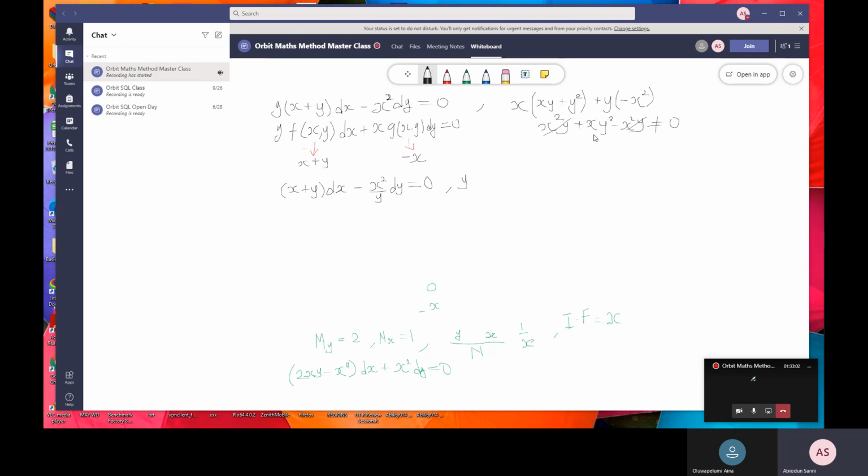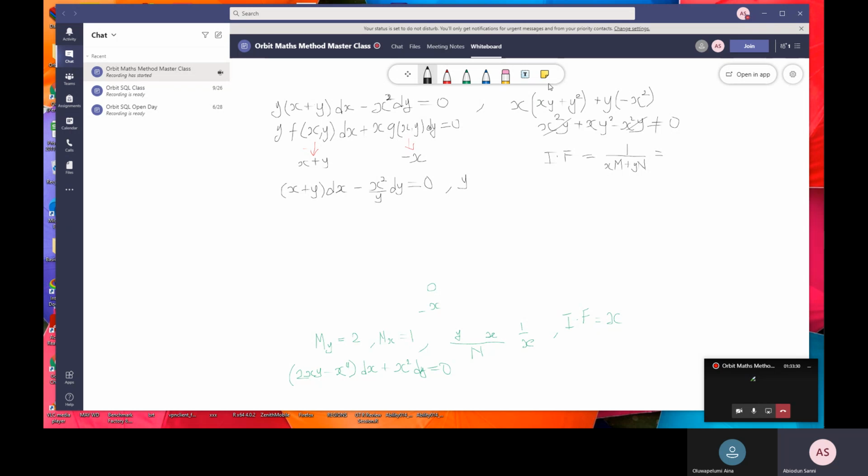If you have checked that it's not equal to 0, then our integrating factor would be 1 over xm plus yn.